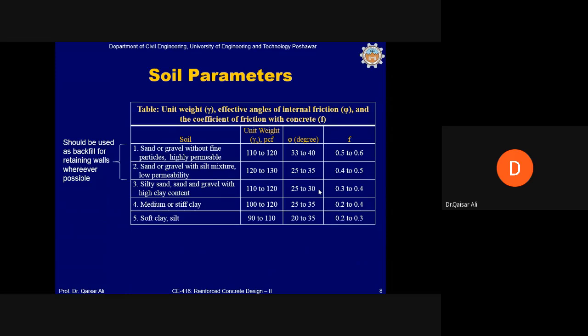Unlike the clay type of soil, which will retain water in the pores of the clay, and it will create a pore water pressure on the retaining wall, and this pore water pressure can sometimes be very dangerous for the retaining wall.